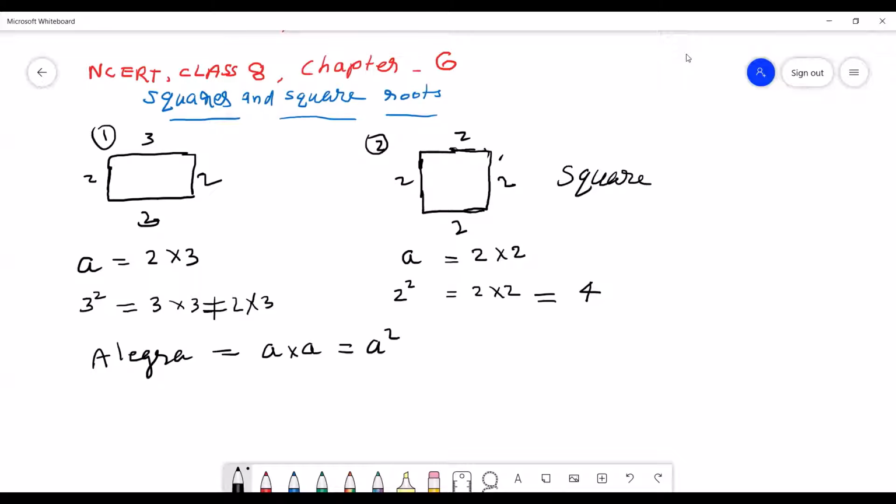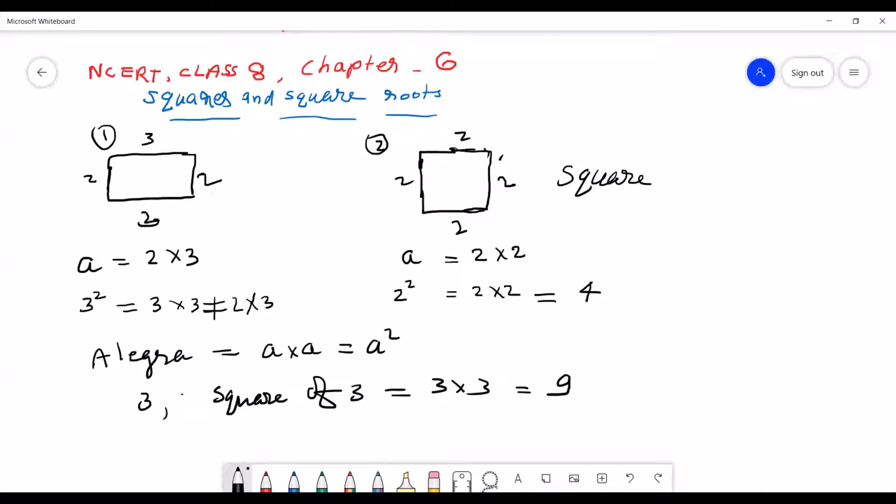If we consider the number 3, then what is the square of this number 3? The square of 3 is 3 into 3, that is 9.